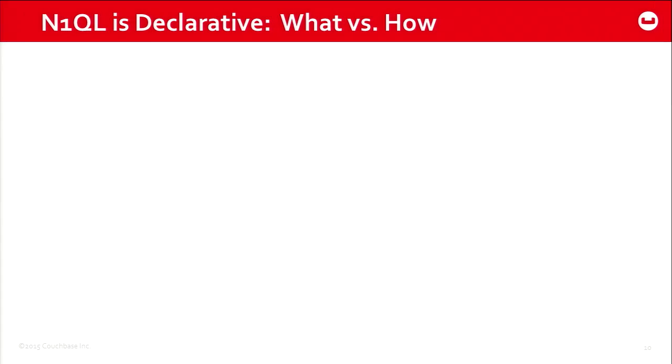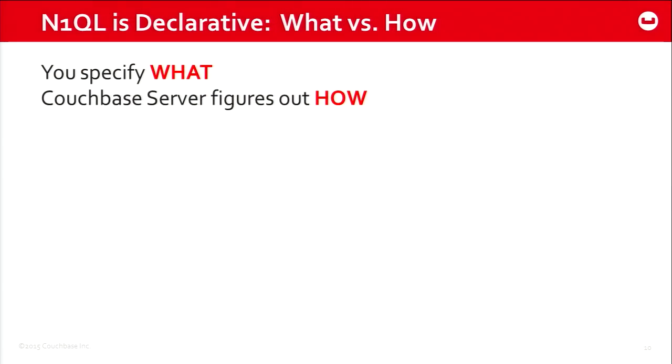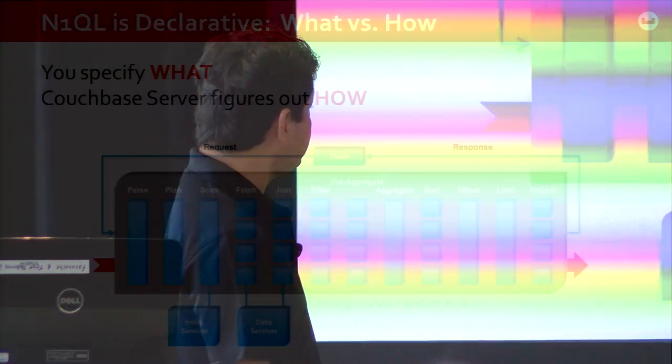Let's get back to the second requirement, the language being declarative. What do I mean? Being declarative means that the language allows you to specify what you need to accomplish, and you let the system do the heavy lifting in terms of optimizing the query and understanding the best way to execute it to get the result that you need.